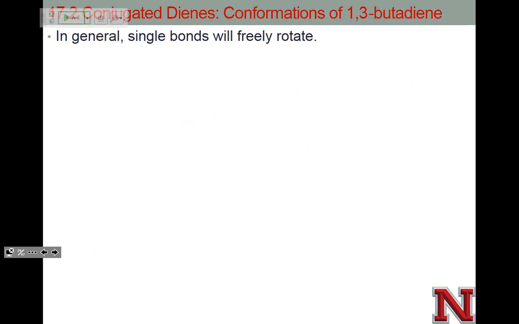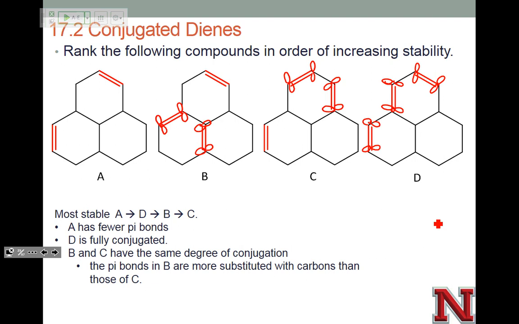So what we see is B and C both have the same degree of conjugation. So they're both not as stable, but if we look here, we have a quadri-substituted, a tri-substituted, and a di-substituted, versus here we have a di and a tri.